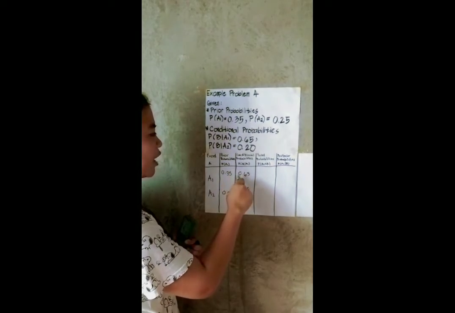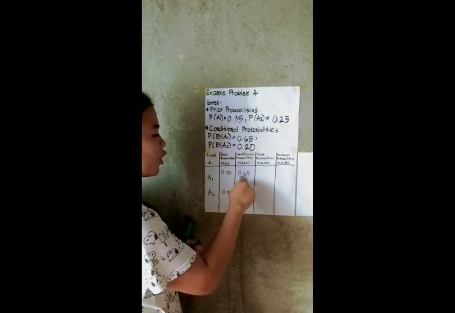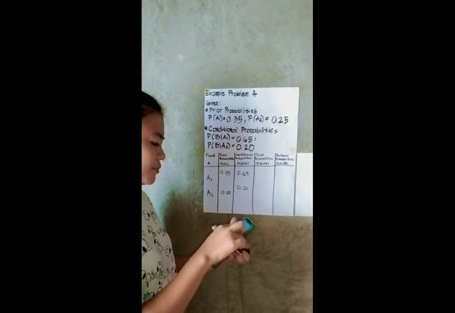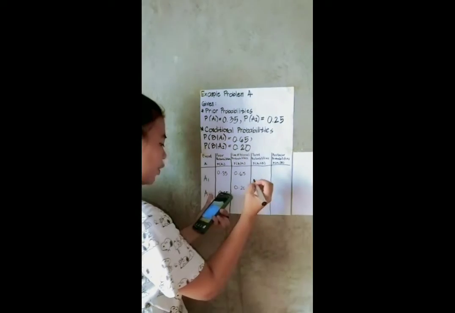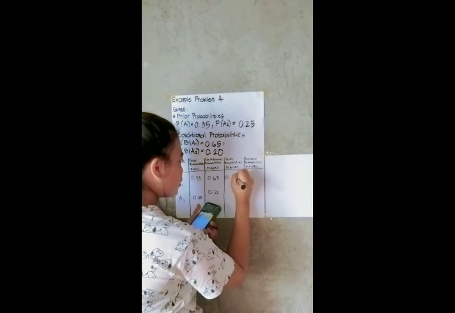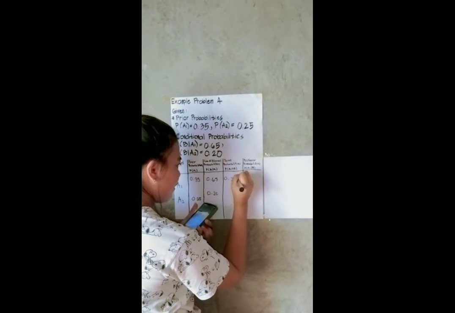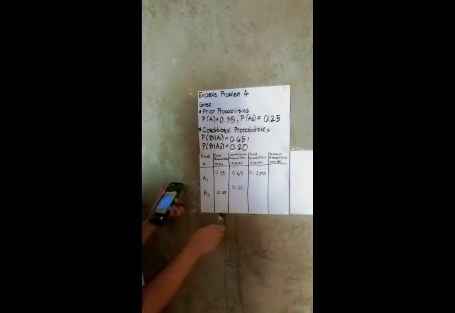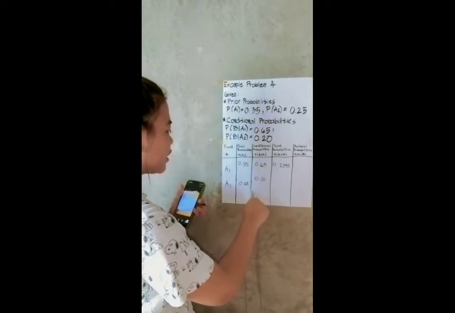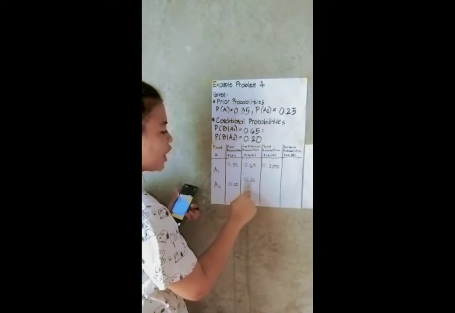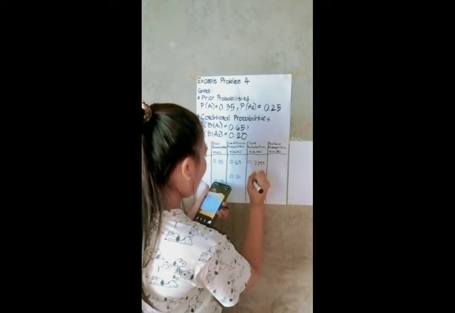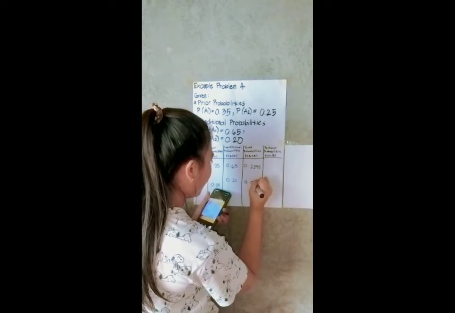Then 0.35 multiplied by the conditional probability of A sub 1, 0.65, equals 0.2275. Then, the prior probability of A sub 2, 0.25, multiplied by the conditional probability 0.20. The result, guys, is 0.05.